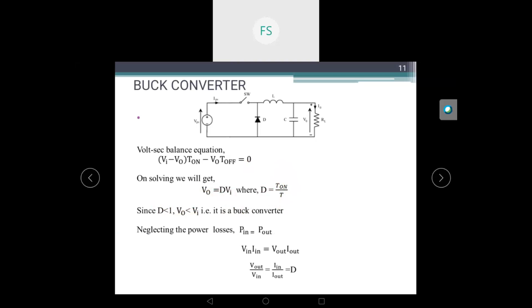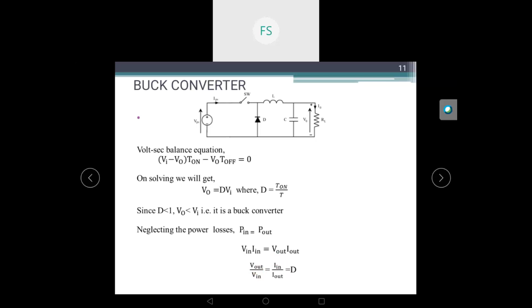Neglecting the power losses, if the losses are 0, you can equate P in to P out. That is, V in times I in is equal to V out times I out. By rearranging, you will get this equation. I have written it equal to D because Vo by Vi will be equal to D from the earlier equation, right? So it will be V out by V in equal to I in by I out. This equation will be familiar to most of you, as it is similar to your transformer equation, that is V2 by V1 is equal to I1 by I2.